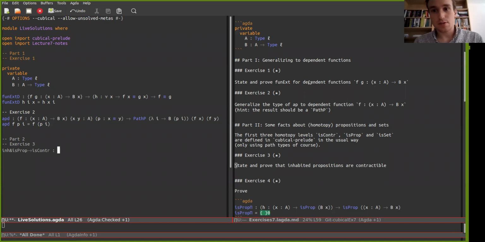Copy from the chat. Nothing special here. This is an exercise you could have done before. This is nothing special in Cubical Agda.